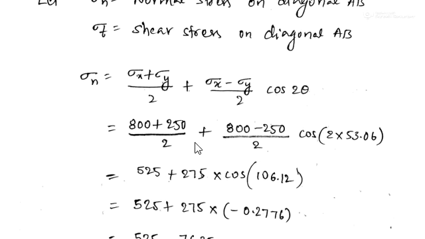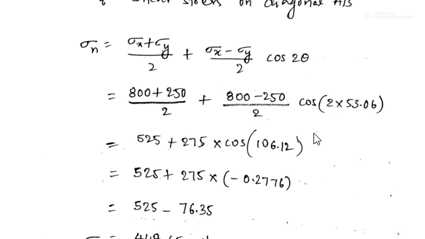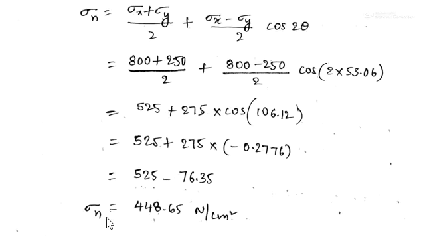So substituting these values and theta value 53.06, 2 theta is 2 into 53.06, it is cos of 106.12, which is minus 0.2726. When you simplify that, we are getting normal stress sigma n as 448.65 Newton per centimeter square.